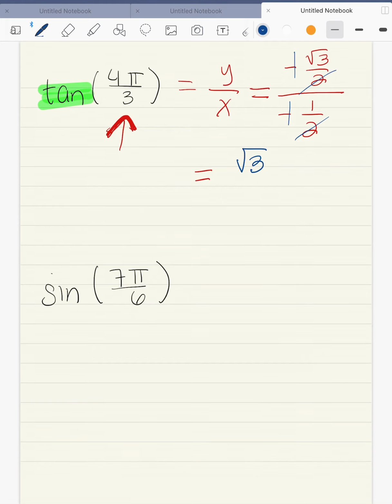So it is just square root of 3 over 1, which is just square root of 3. So we're done with tangent of 4 pi over 3.